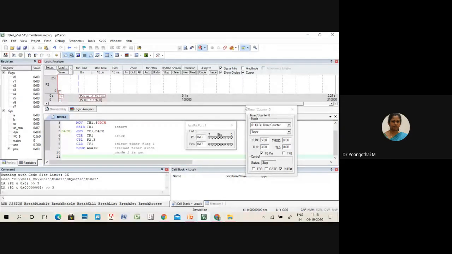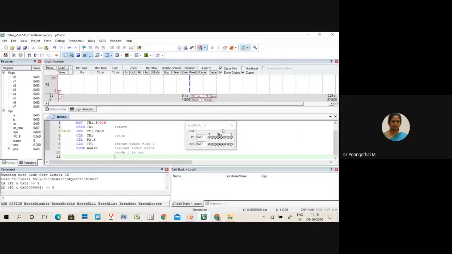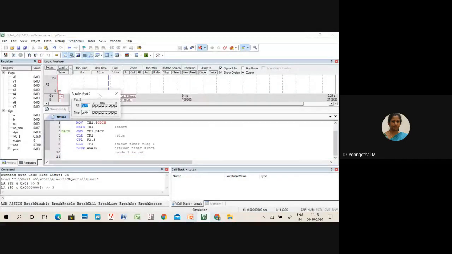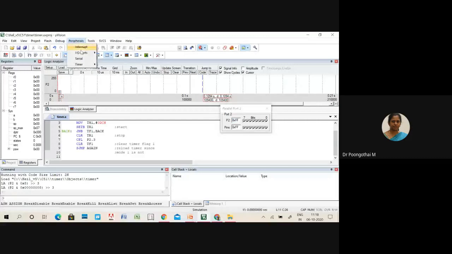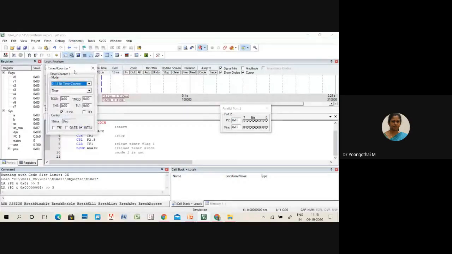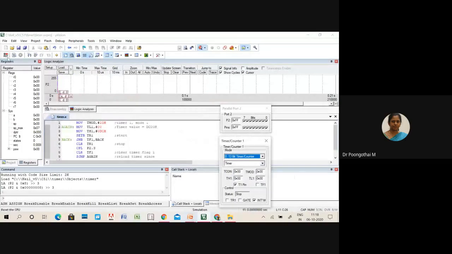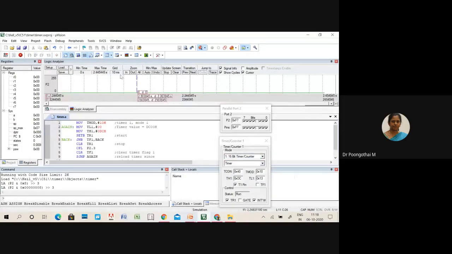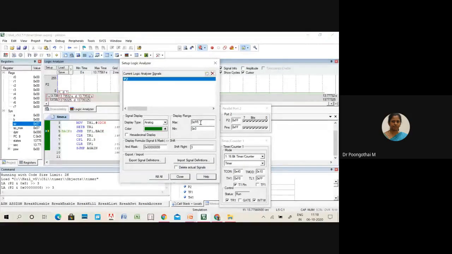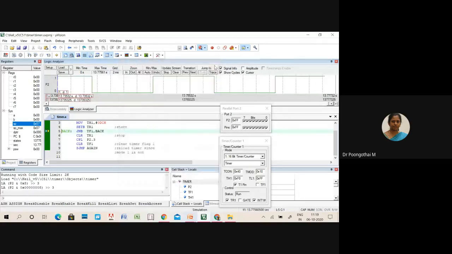Here timer 1 is involved. Let's execute this. You have to give 1, otherwise you will not get the output.